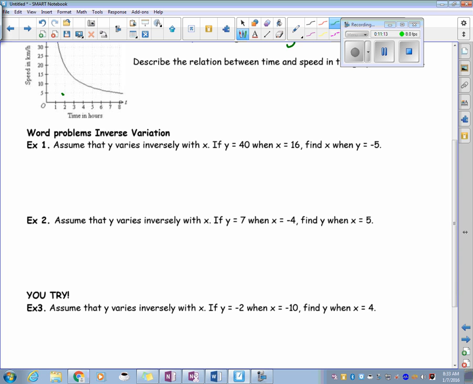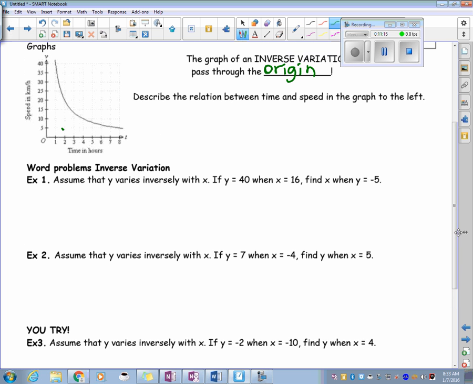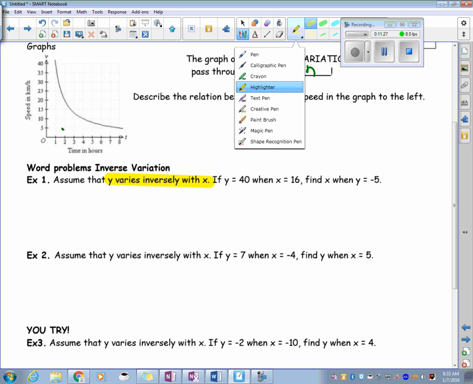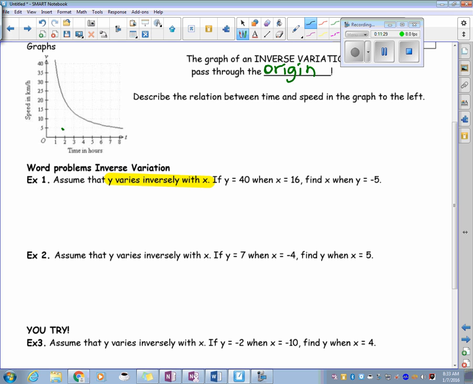So assume that y varies inversely with x. When you see the word varies inversely, you need to remember that you're doing y equals the slope, k, divided by x.